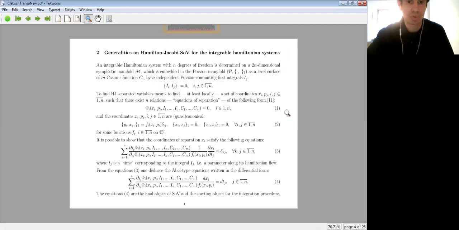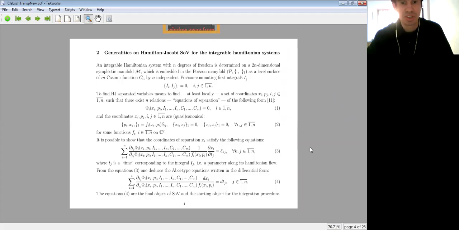It is possible to show that it is really equivalent to the Hamilton-Jacobi variable separation, which is studied in the course of mechanics. So now why this equation of separation, and why are conditions 1 and 2 important? They are important because using these two conditions, it is possible to derive equation 3.